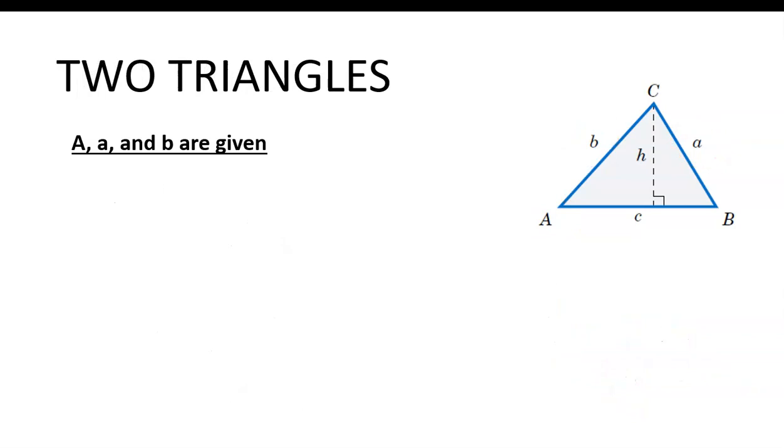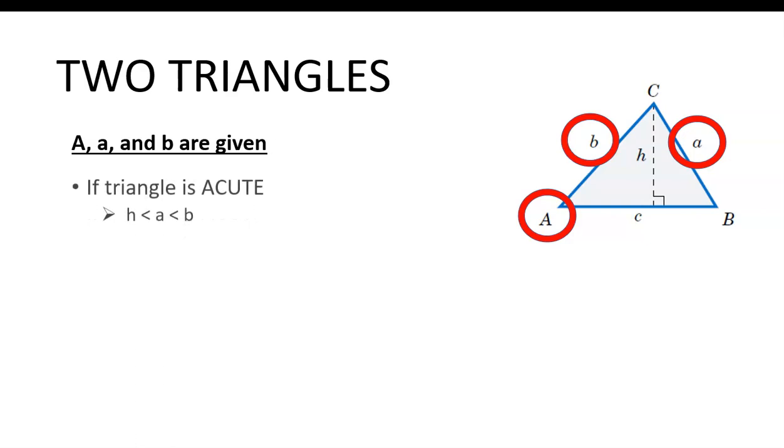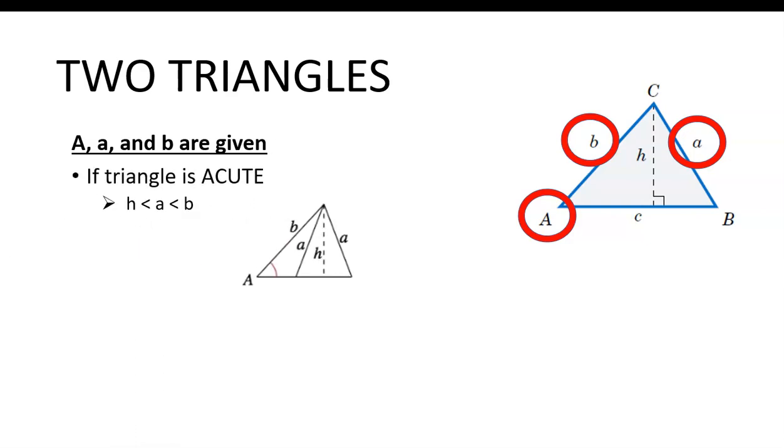Okay, what happens when you have two triangles? You're going to see this in an acute triangle. They're again going to give you A and B. If the triangle is acute and H, the height of this triangle, is smaller than A and A is smaller than B, then you will have two triangles.